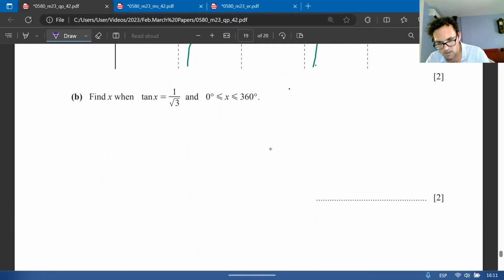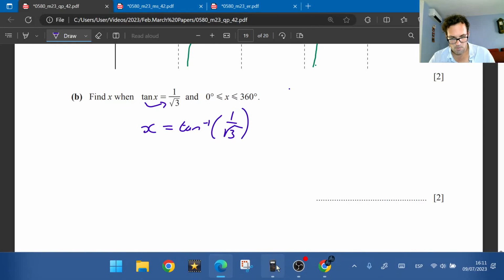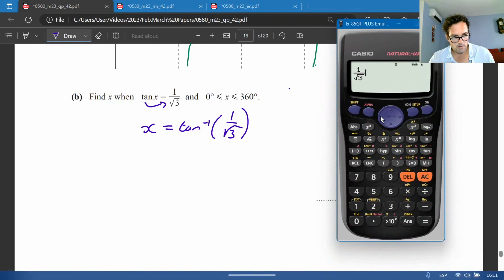To work that out, we can just move the tan to the other side and do the inverse of tan. So we can put that in our calculator. Let's put the inverse of tan, close the bracket, bam, 30 degrees.